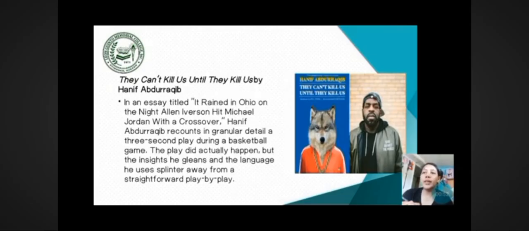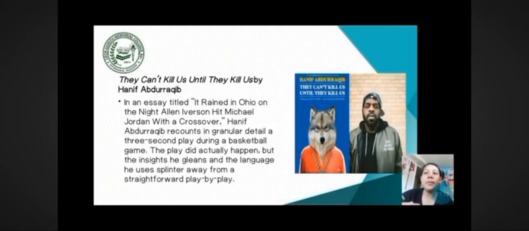And the other one is They Can Kill Us Until They Kill Us by Hanif Abdurraqib. So what is this story? It's an essay titled It Rained in Ohio on the Night Allen Iverson Hit Michael Jordan with a Crossover. Hanif Abdurraqib recounts in granular detail a 3-second play during a basketball game.